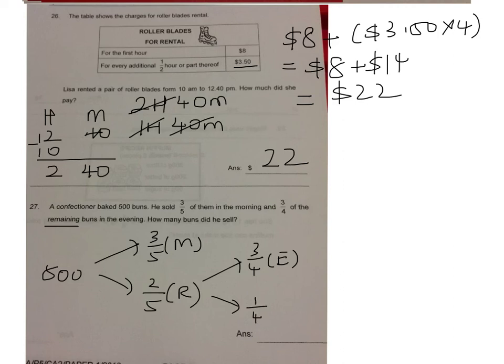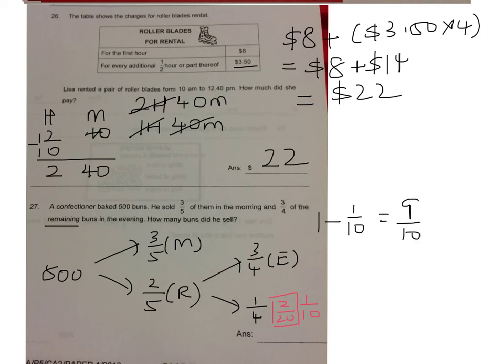Okay, so we find out actually the box here. 2 times 1, 2, 5 times 4, 20. So this is actually 1/10. If he is only left with 1/10, it means that he actually sold 9/10 of his buns.